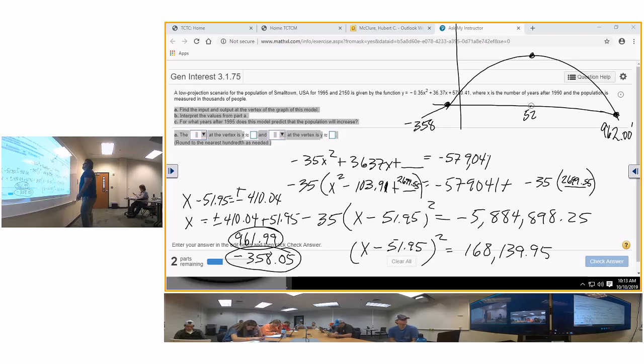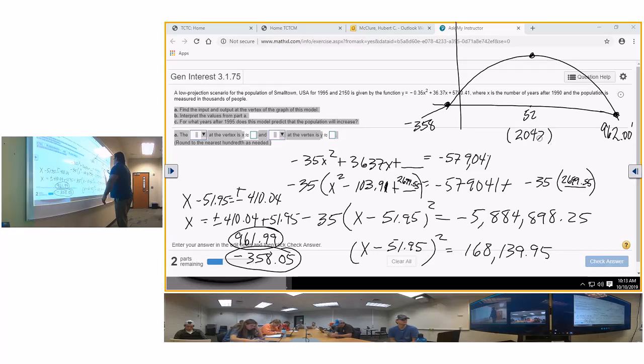That's going to be the year. Yeah. 2042. And that population is going to be 6,584,899. Ain't no such thing as a 0.25 person.